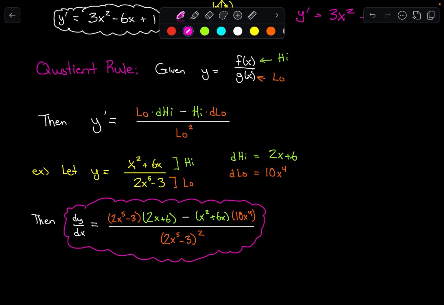So if you have the ratio of two functions, in this case just dealing with two polynomial functions, we can use this particular pattern every single time and get the derivative. I do want to point out again that I'm not simplifying the top just for right now, but it will turn out in the future that sometimes it will be really nice for us to multiply things together and combine like terms and all of that jazz, and you'll probably end up seeing some of that on the homework.